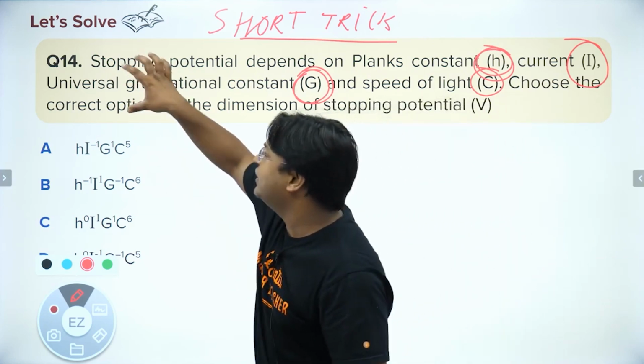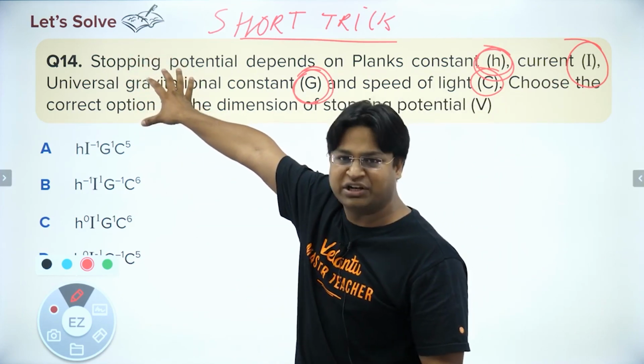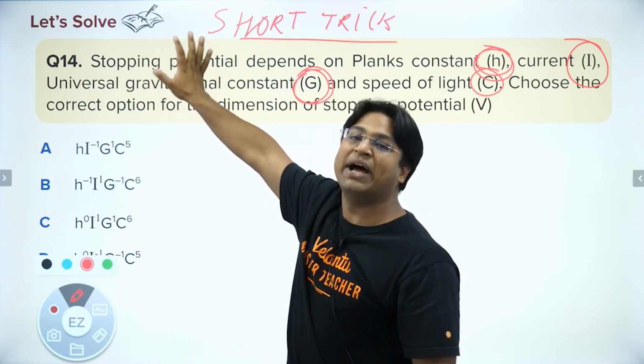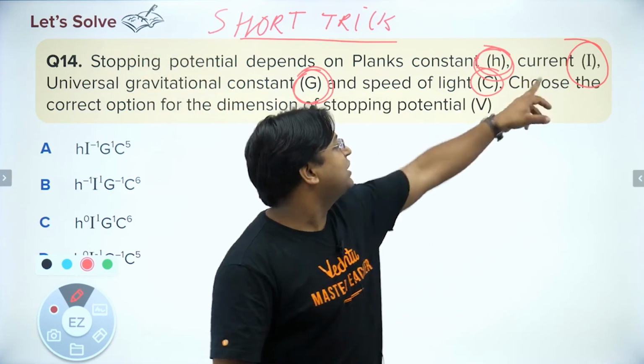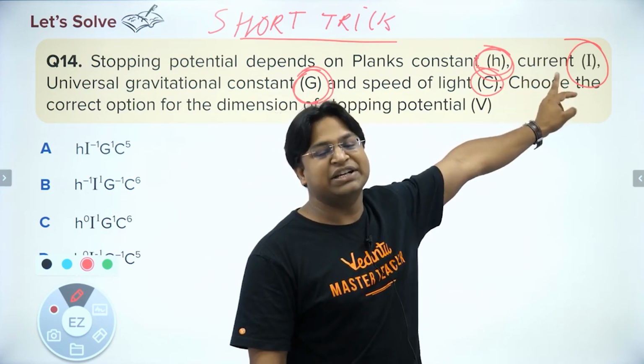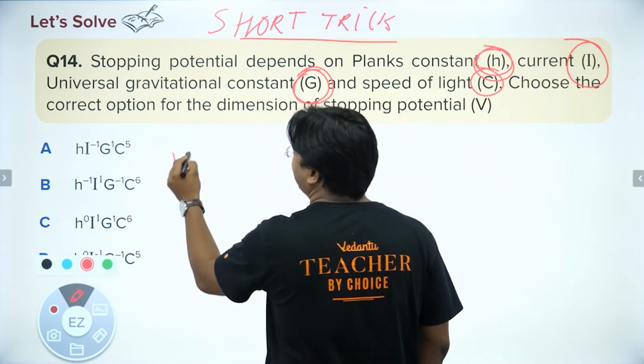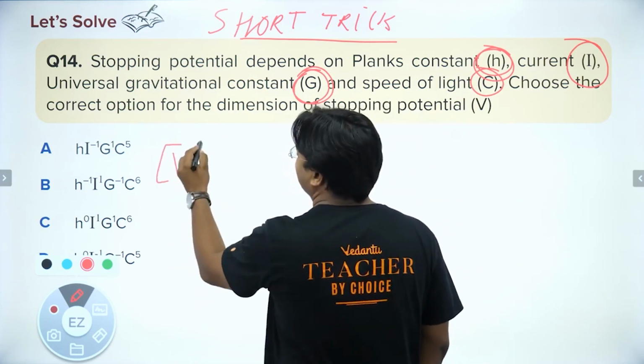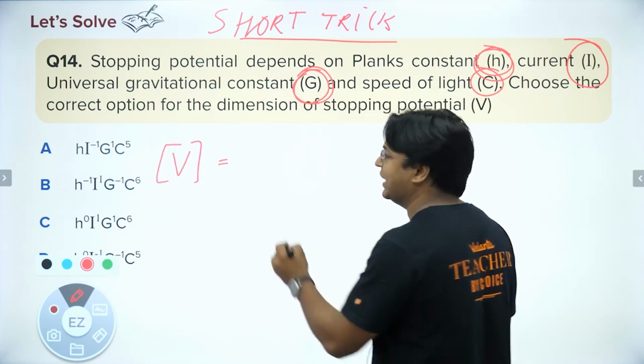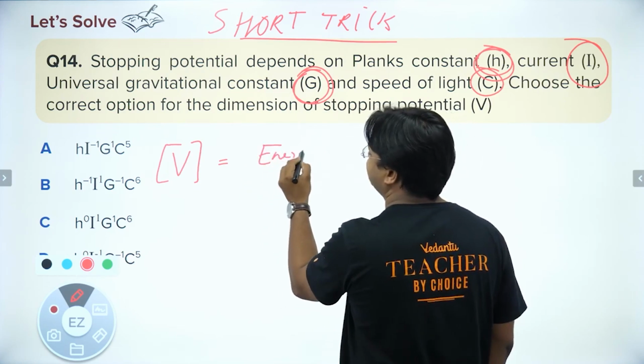So in writing the dimensions of potential, if we ever require ampere, this quantity I is going to take care of ampere. Alright, for example, let me try to figure out what's the dimension of voltage. Now potential can be written as energy upon charge, right?